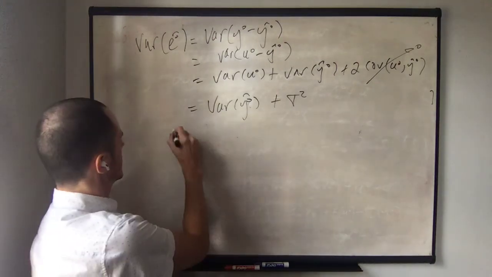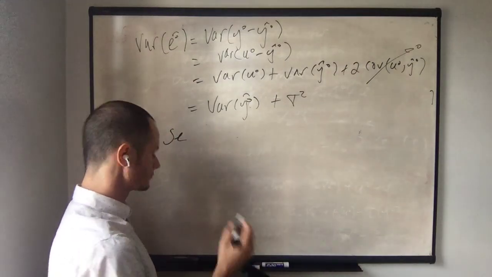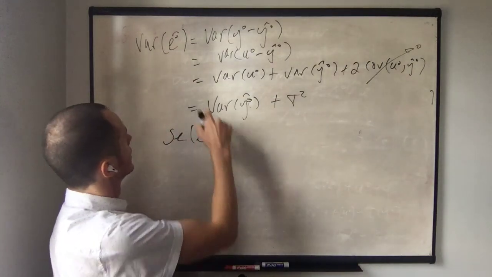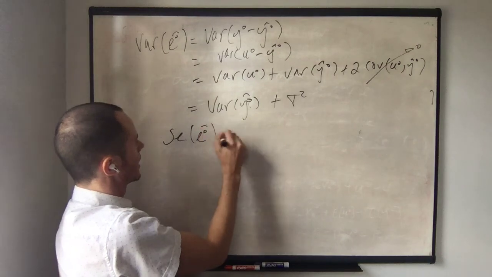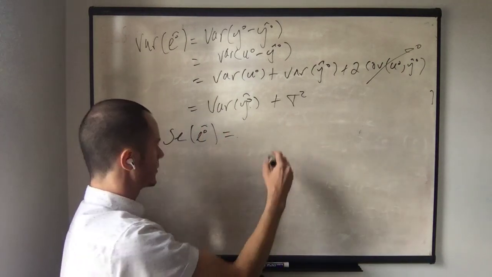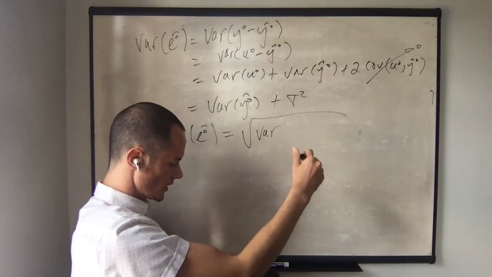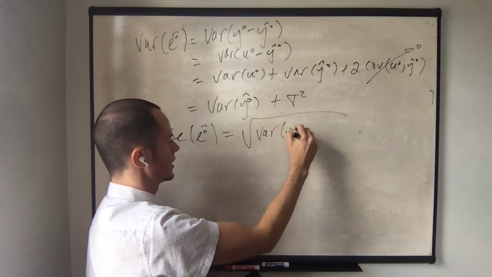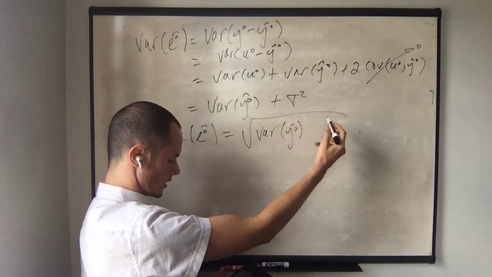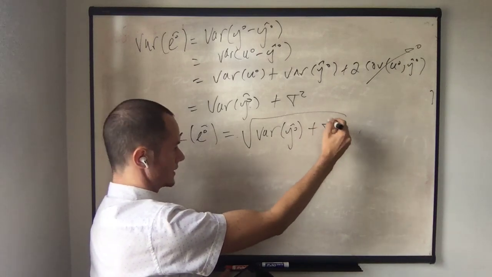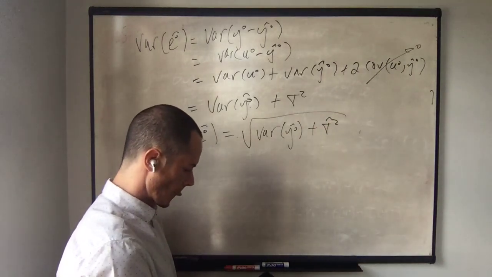We can represent the standard error of E0 hat as equal to the square root of the variance of Y0 hat plus sigma squared hat.